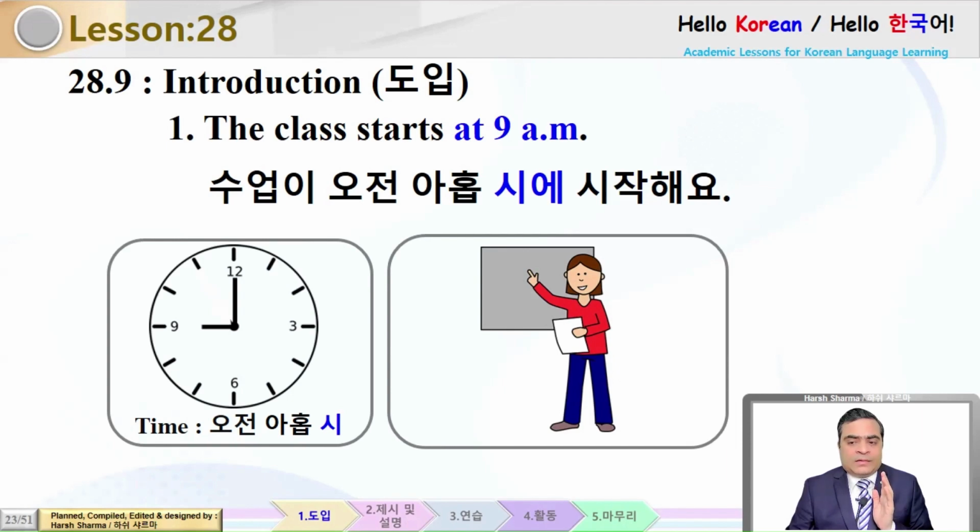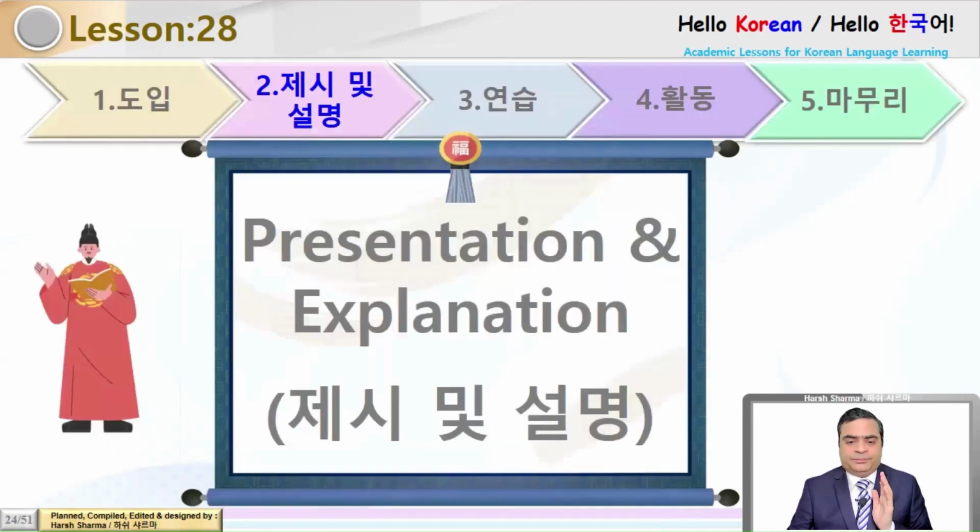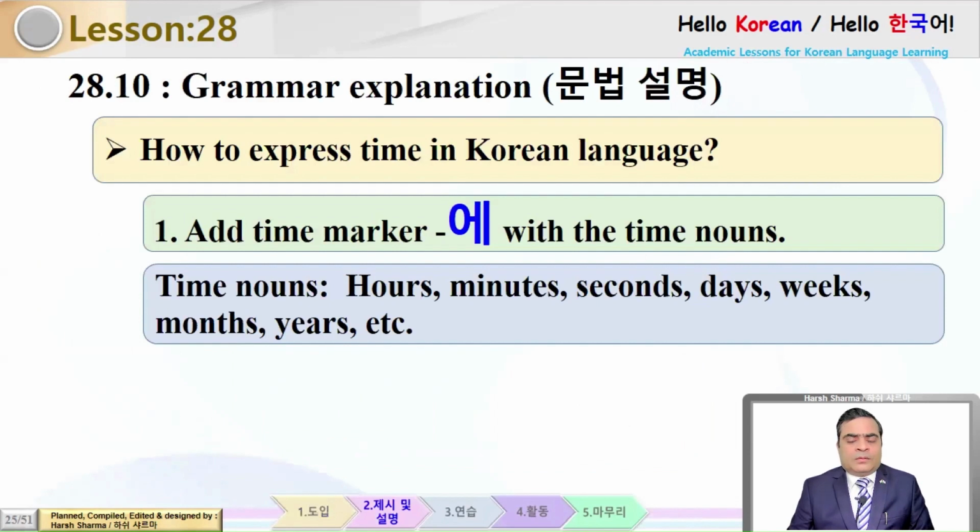So this A, now we are going to cover in detail here. See here, how to express time in Korean. If we go to the basic point first, there are two stages here. First, we must know how to read the numbers for the hours, minutes and seconds, AM and PM in Korean, 여러분, that we have already completed.